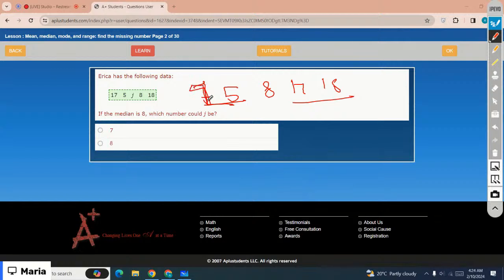That means J is 7. Got it? The correct option is 7.